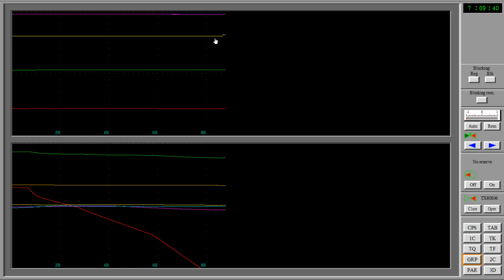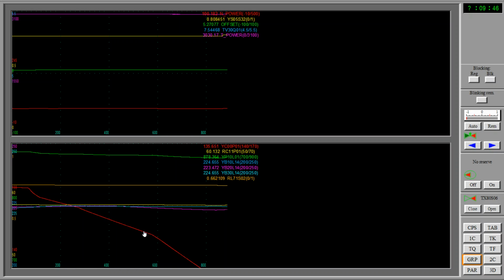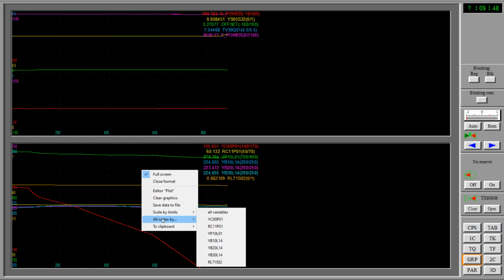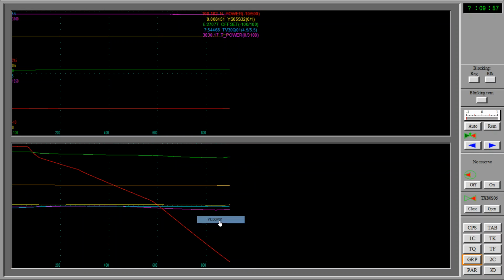We see here in yellow the rod position, and we see in red the neutron power, which just went up a tiny bit. And I will put this into scale. Scale by limits. IC. Good.